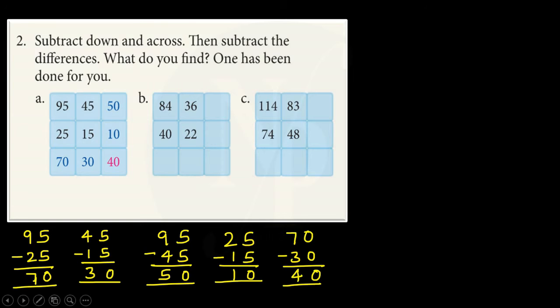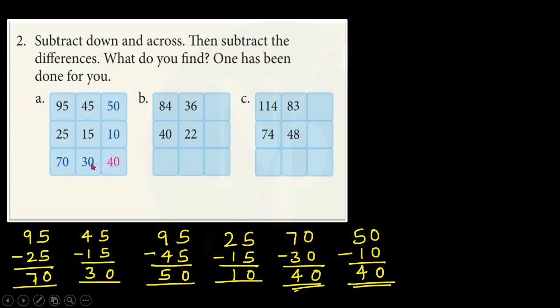You get 40. See, 40 is filled in this box. And let us subtract this also. That is 50 minus 10. 0, 5 minus 1 is 4. You get 40. So, you will get 40 here and here also.